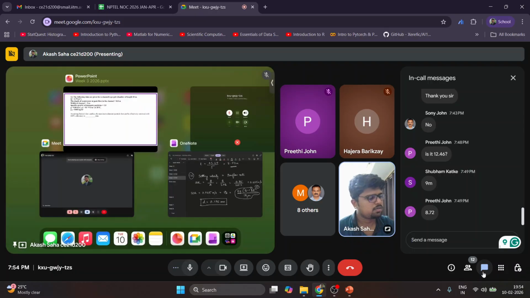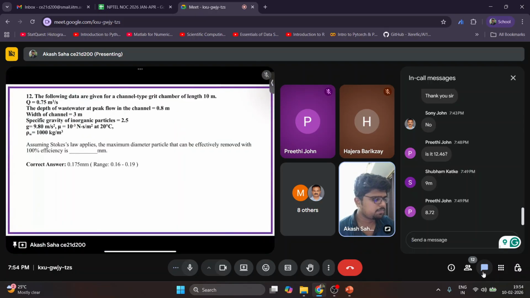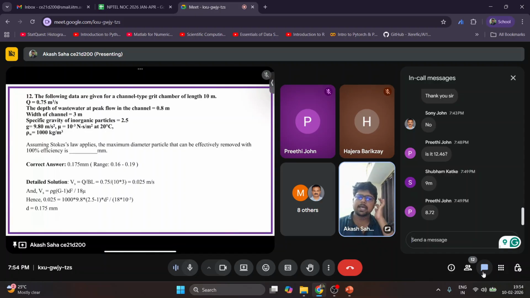Let's move to the next problem. For this numerical type of values, generally they specify a range. Here I have specified a range of 0.16 to 0.19, so any value in between will be correct.